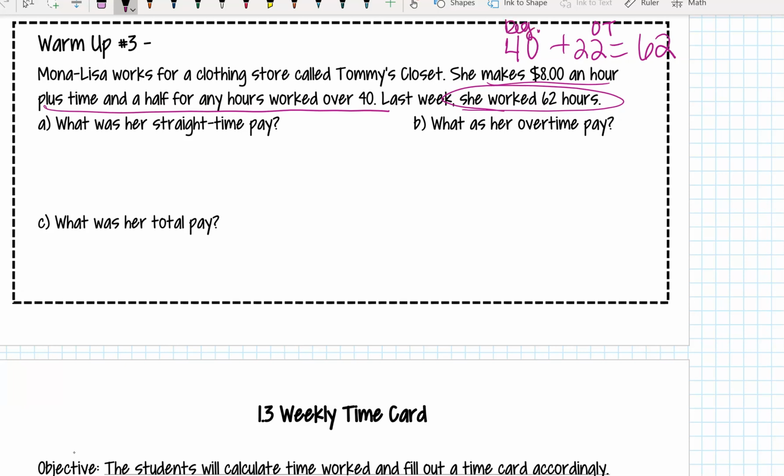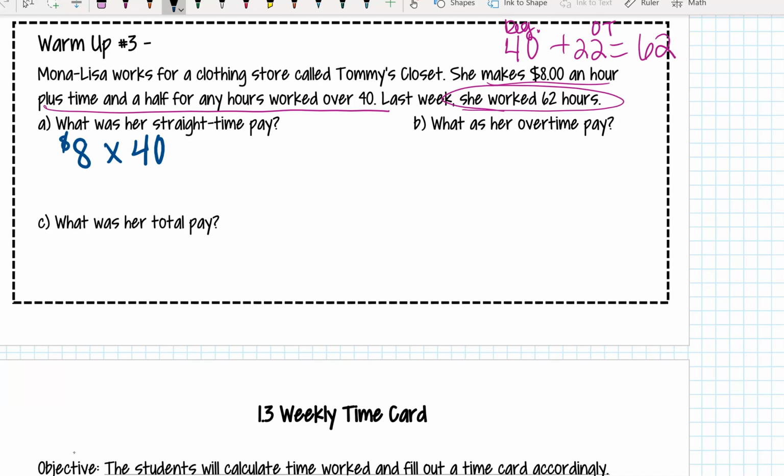Okay. So how do we do straight time? That was something we talked about this week. How do we find straight time pay? Woody, what is 8? That's the amount she makes an hour. And the 40, what is that?